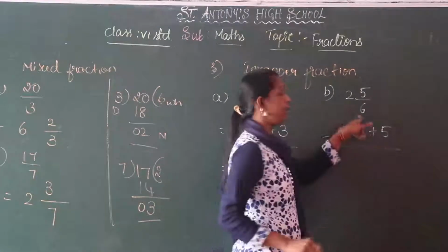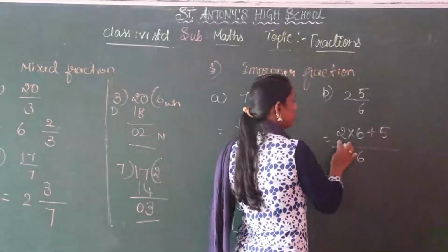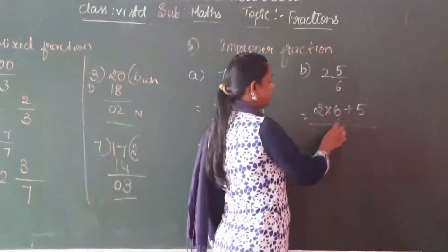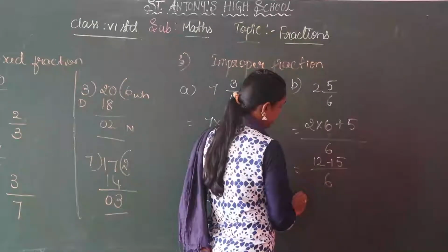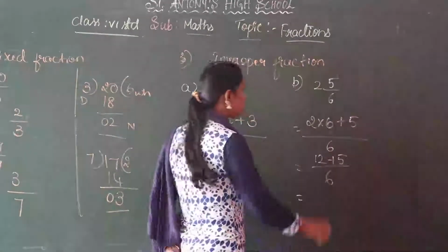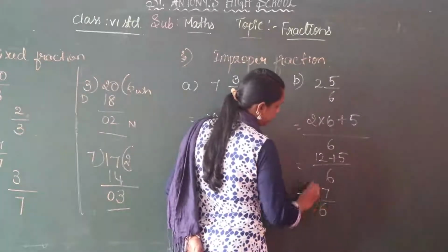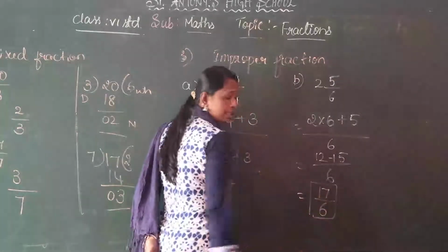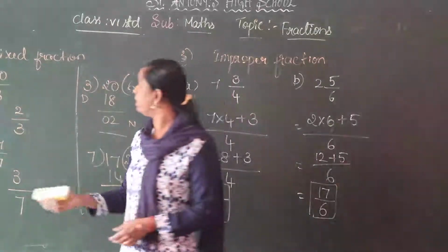We write the same denominator, here 6. 2 6s are 12. 12 plus 5 divided by 6. Again, 12 plus 5 is how much? 17 by 6. The answer is 17 by 6. Okay, clear?